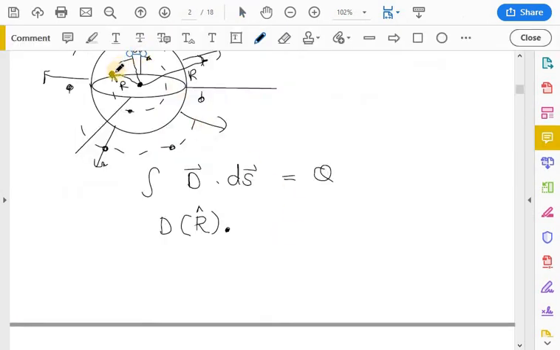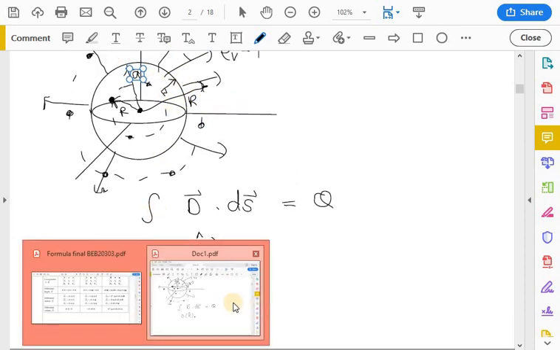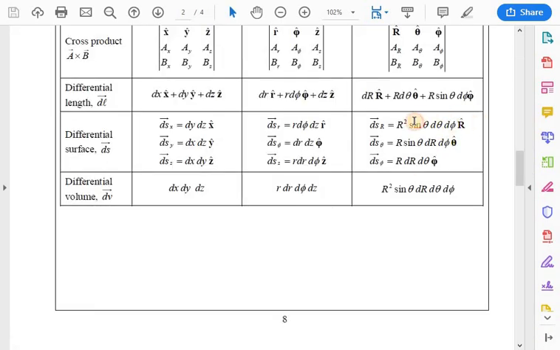Look at your Gaussian surface. It is at 90 degrees with the direction of R, right? Am I right? So here you have to choose this one.